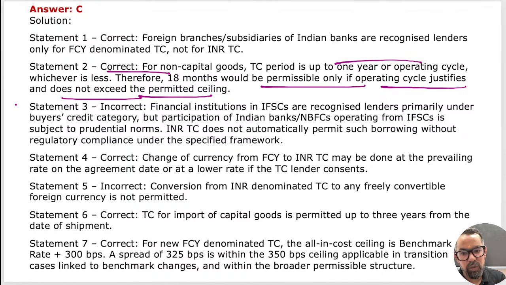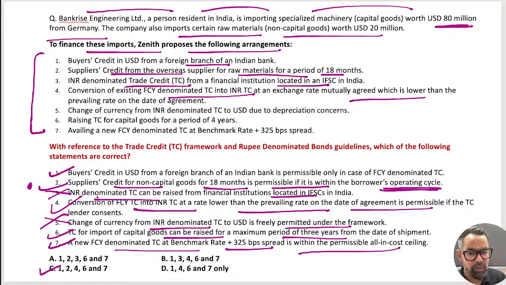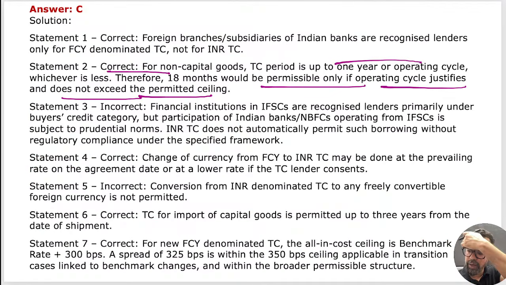The statement says supplier credit for non-capital goods for 18 months is permissible if it is within the borrower's operating cycle. So if the borrower's operating cycle is 18 months, 20 months, it can be for that particular period. So that's why statement 2 is also correct here, right?